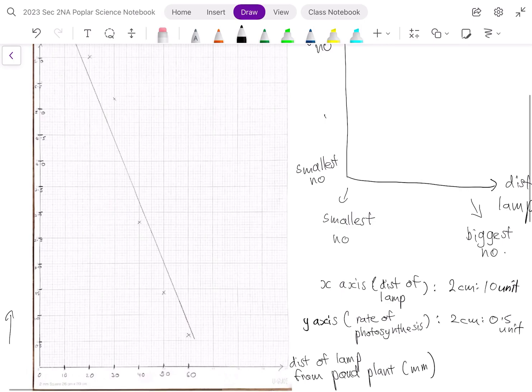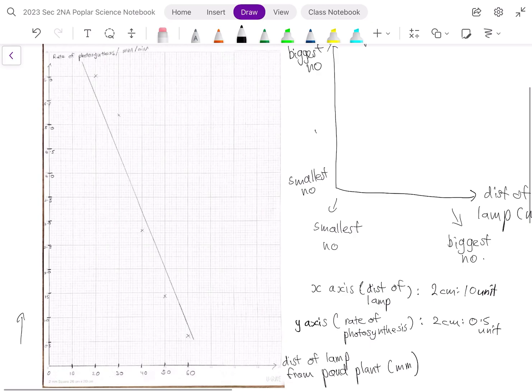Then you count this graph paper: there are 1 2 3 4 5 6 7 8 9 10 big boxes along the x-axis. So I must at least occupy 5 to be half. If you look at my plots, from my first plot to my last plot, of course do not extend the line, everybody can do that, 1 2 3 4 5. So this one ideally should be a bit bigger.